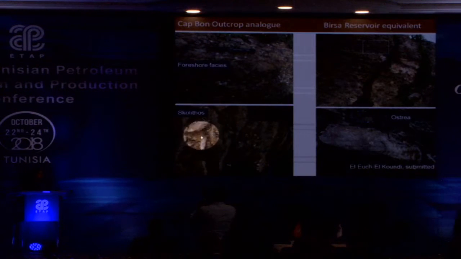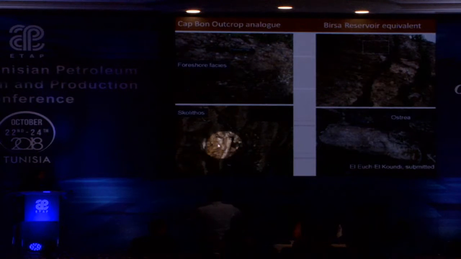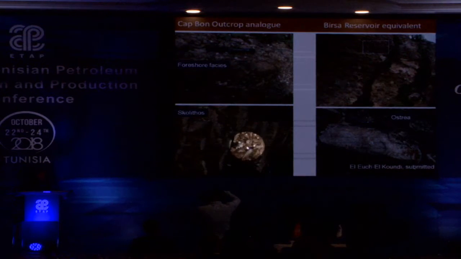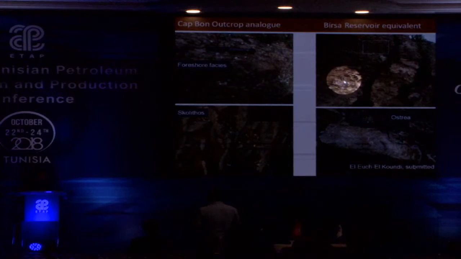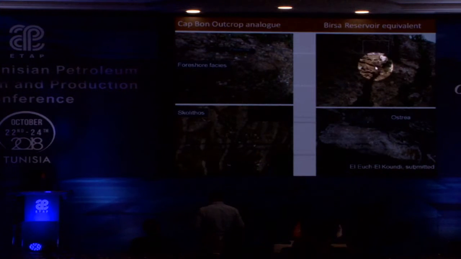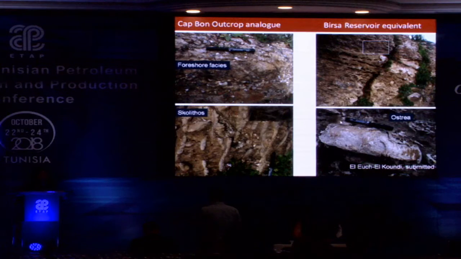These high degrees of Skolithos can increase the quality of the porosity and of the reservoir. In the upper part of the Birsa or Beglia formation, we see very coarse-grained sandstone with mainly Ostrea. This also can increase the quality of the reservoir.